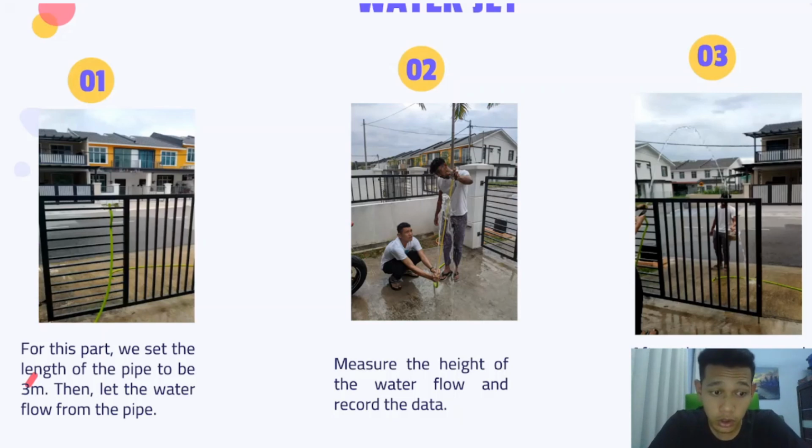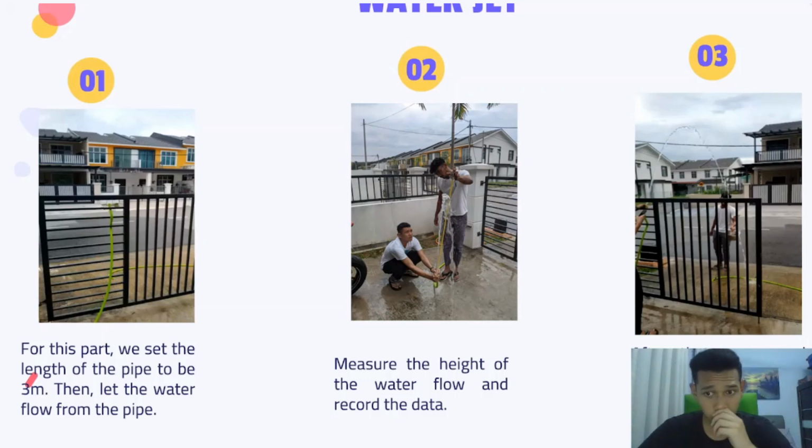For this part, we set the length of the pipe to be 3 meter, then let the water flow from the pipe. Secondly, we measure the height of the water flow and record the data. Thirdly, after that, we record the time taken and volume of the water from the pipe.